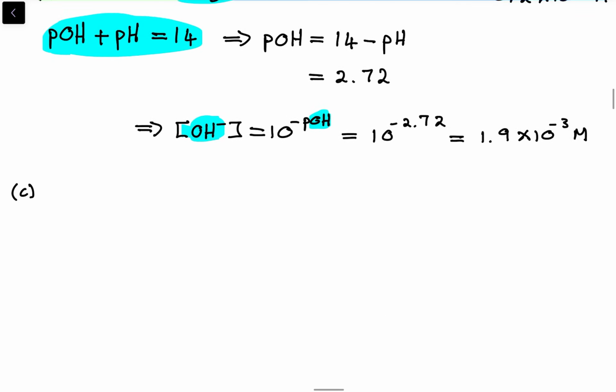Now, the important thing that we need to remember here is that H2SO4 in water is going to produce not only 1 mole of hydronium, it's going to produce 2 mole of hydronium.